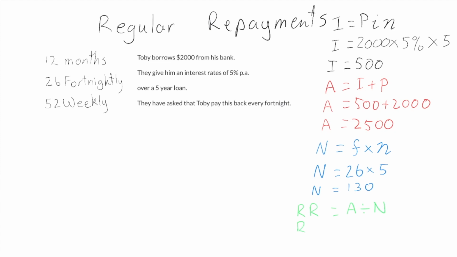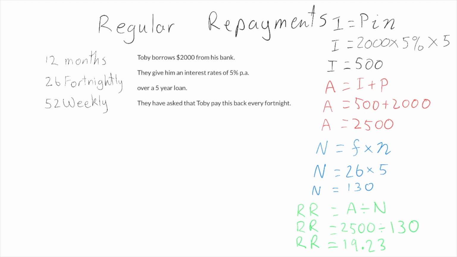So our regular repayments is going to be 2,500 divided by 130. So what is 2,500 divided by 130? Well, that is actually $19.23. There's a few extra decimal places there, but ultimately Toby is going to be making 130 payments of just under $20.